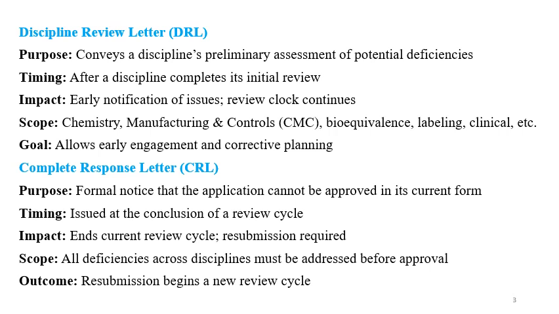Then DRL, that is discipline review letter. The purpose of the DRL is to convey the discipline's preliminary assessment of potential deficiencies. The timing for DRL is after a discipline completes its initial review. The impact is early notification of issues. The review clock continues. The scope of DRL is chemistry, manufacturing and control, that is CMC, bioequivalence, labeling, clinical and some others.